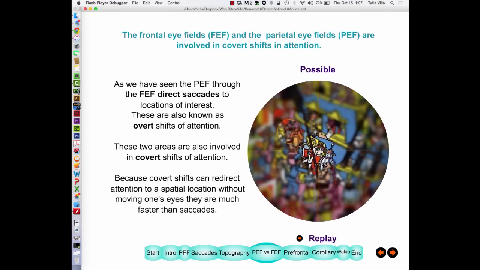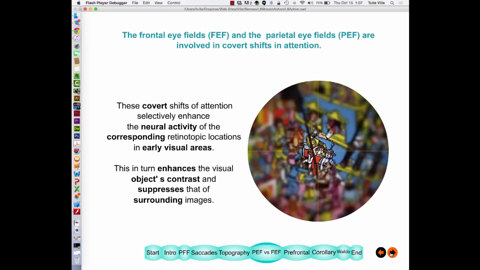And then you land there and you say, oh, that is where that activity is. So these covert shifts enhance the activity.